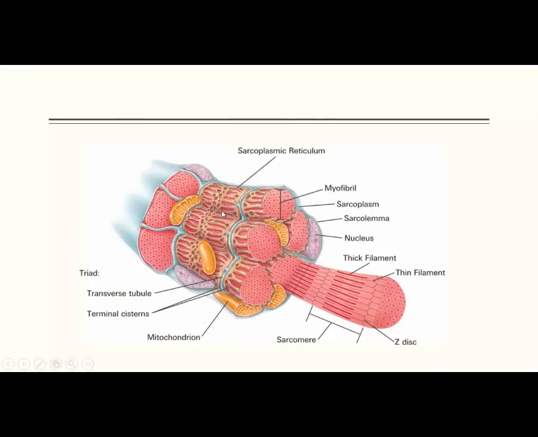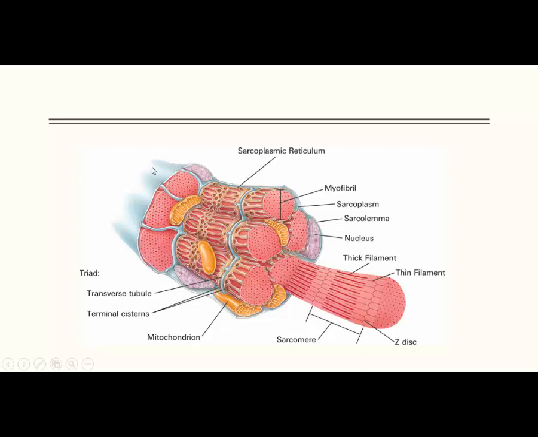And here again, you can see this picture where we have our filaments of actin and myosin that are bundled together into a fiber, which is essentially a cell, although it is a number of cells. Each of those cells, the bundle of fibers of myosin and actin, is surrounded by a network of sarcoplasmic reticulum with cisterns spaced along.